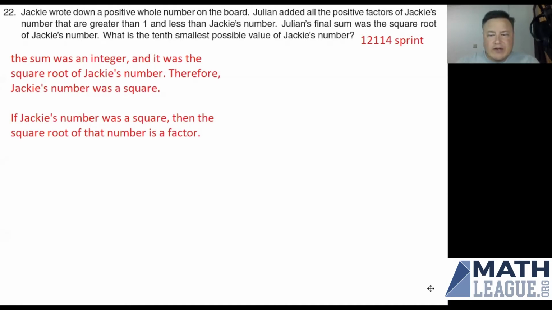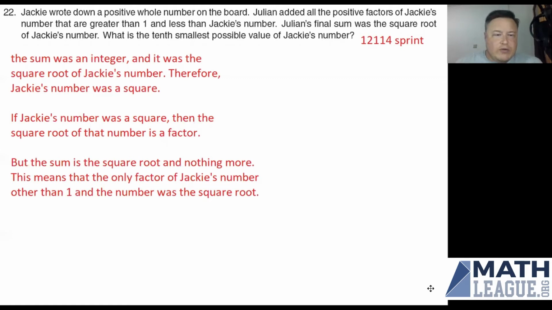So that square root is a factor, but we're also told that the sum is the square root, right? Now, if the square root is a factor, and that's one of the things we're adding up to get the sum, but the sum is the square root, then that means there aren't any other numbers that we're adding up, right? So in between 1 and the number itself, the only factor we have is the square root.